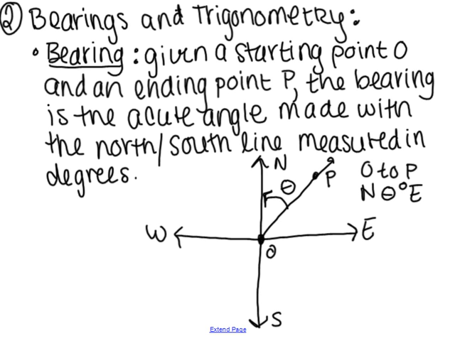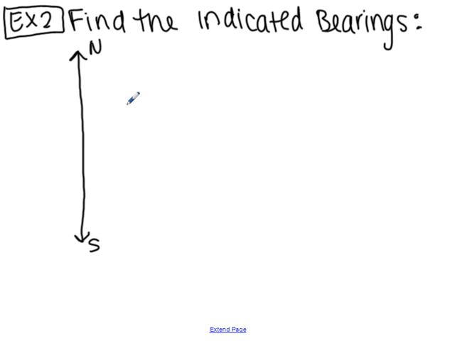Let's do an example. We want to find the indicated bearings. So here I have a north-south line. Here's my west, here's the east, and I'm going to do a couple.